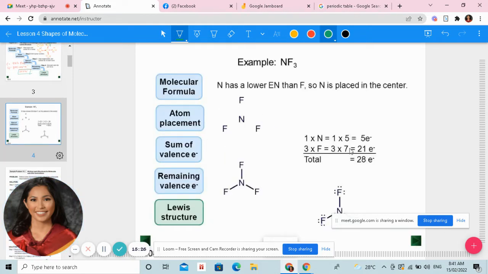Okay, here also, if we have NF3, between the two atoms, who has lower electronegativity? The N. Okay, so N. Now, we know that N has how many valence electrons?